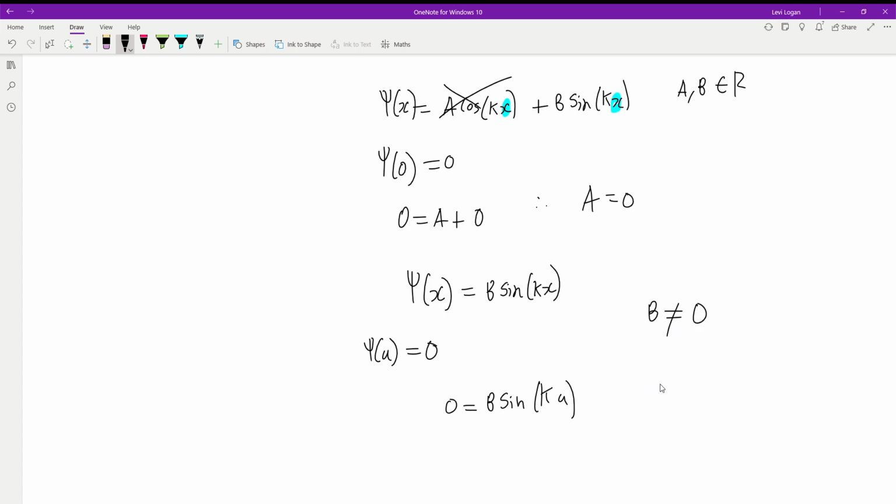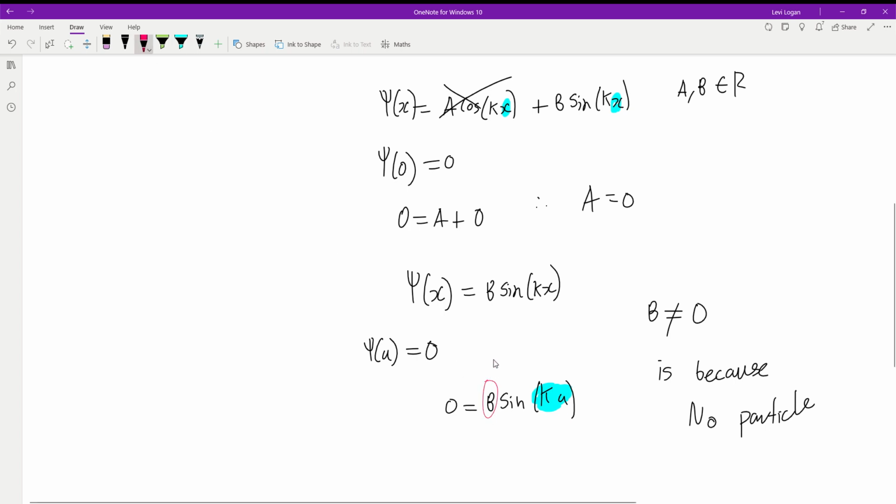The reason for this is that, while it would work mathematically, there would be no particle, because there'd be no wave function, which doesn't work. However, we do know that this is going to be 0, because it needs to satisfy this. So b cannot be 0, but this whole bit has to be equal to 0.